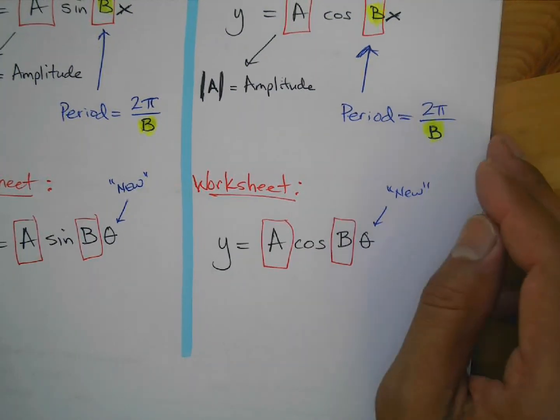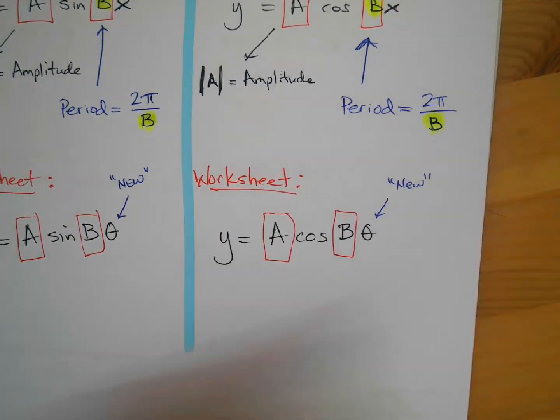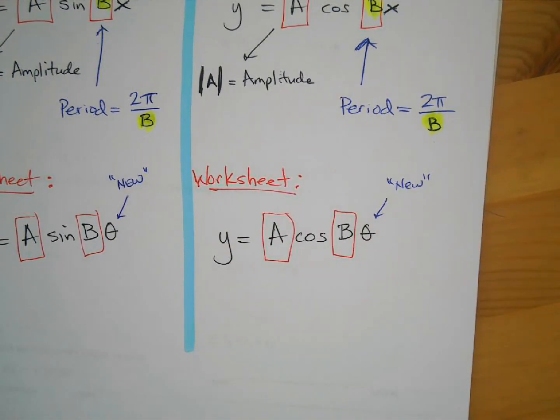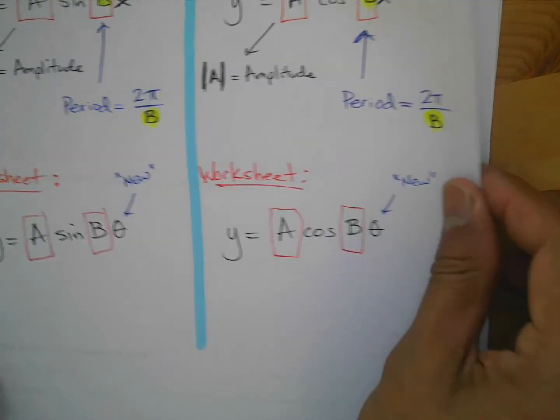All right. So let's jump into some of these examples. And I'll mix it up. I'll put sometimes x or sometimes theta. Okay. So here we go. I'll do sine and cosine again, just side by side.